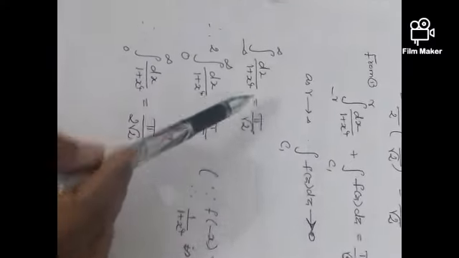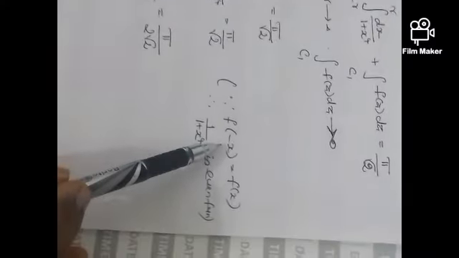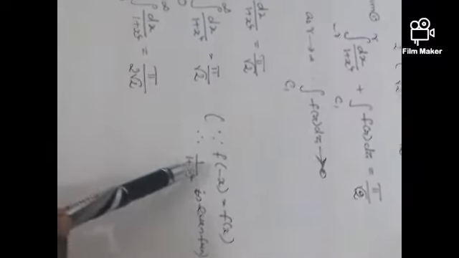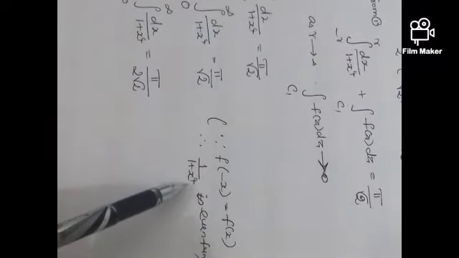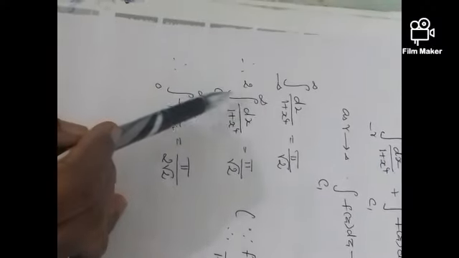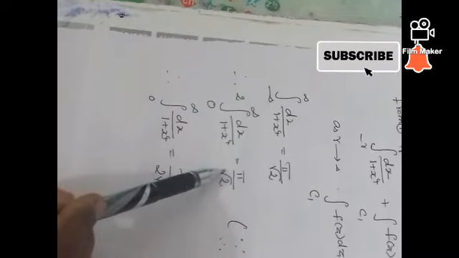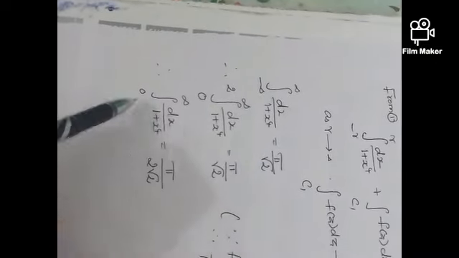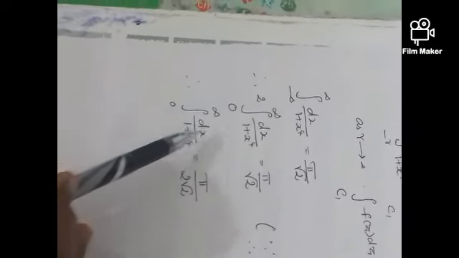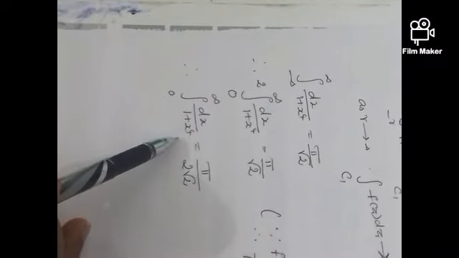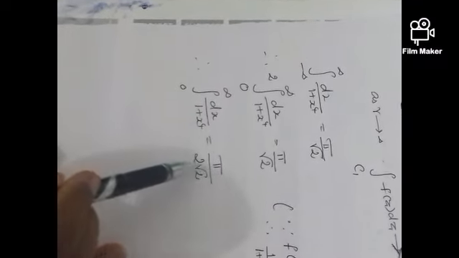Since f of minus x equal to f of x, 1 by 1 plus x power 4 is an even function. Therefore, 2 into integral 0 to infinity dx by 1 plus x power 4 equal to pi by root 2. Therefore, integral 0 to infinity dx by 1 plus x power 4 equal to pi by 2 root 2.